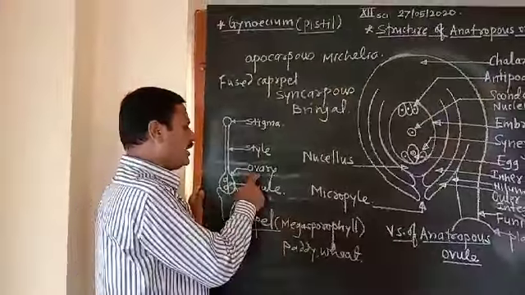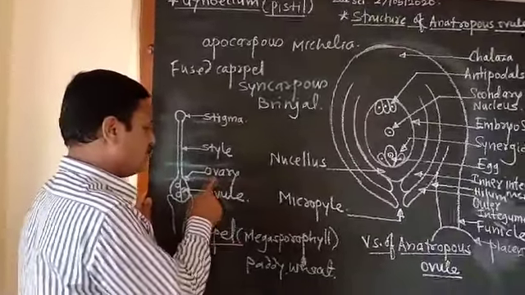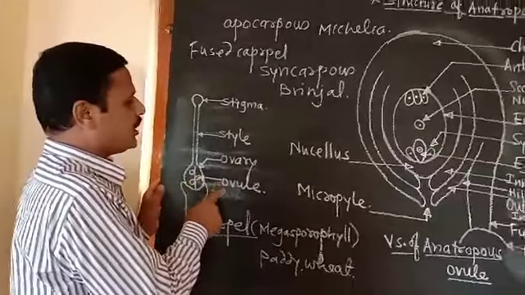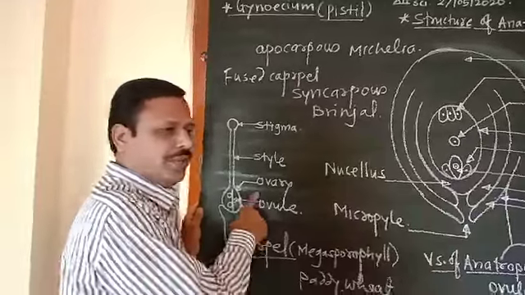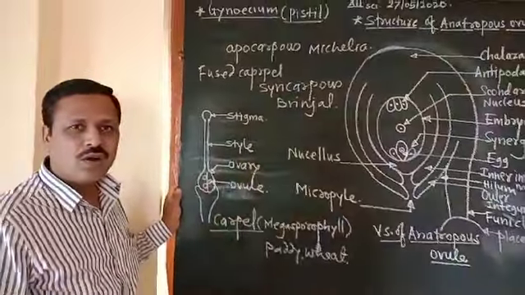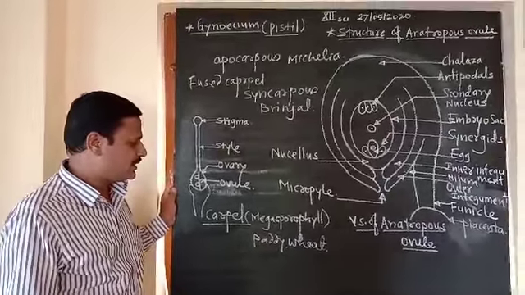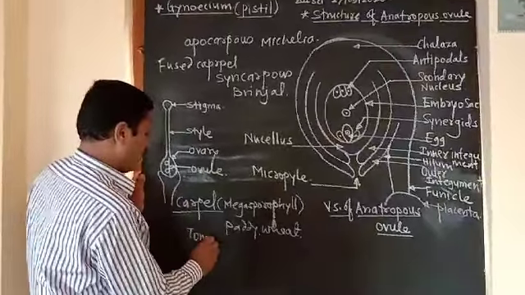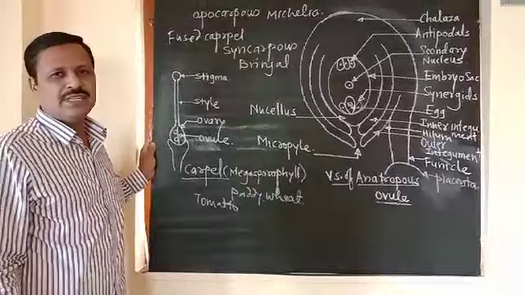When the ovary encloses many ovules, it is called a multi-ovulate ovary, and that occurs in plants like tomato as well as ladies' fingers.